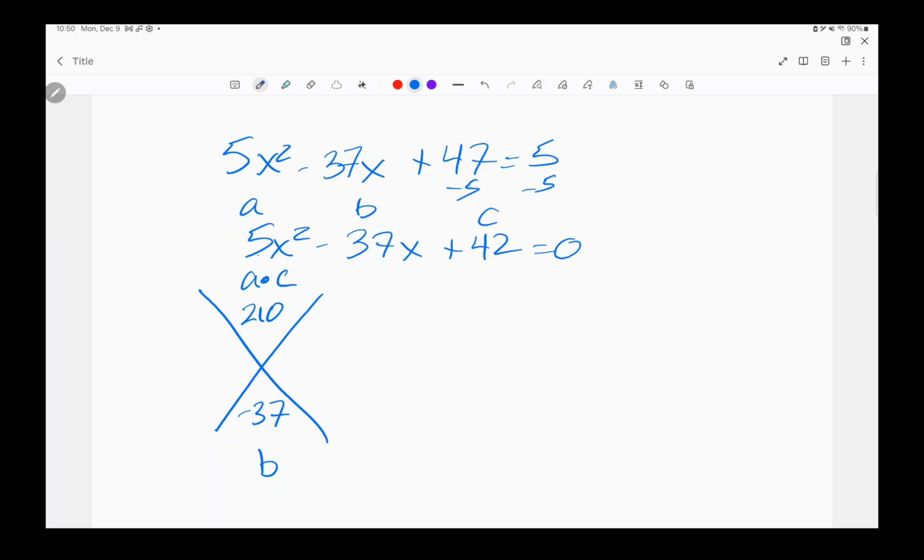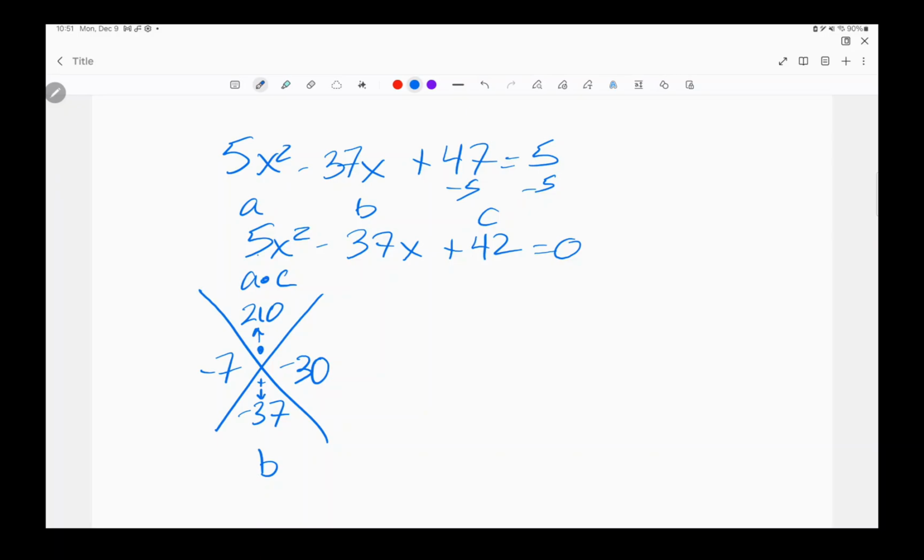So let's try 10 and 21. That would not work because we get 31. So let's try 7 and 30. There you go. So negative 7, negative 30. If I multiply these, I get positive 210. If I add these, we get negative 37. Now, this is where this method differs from most other methods.